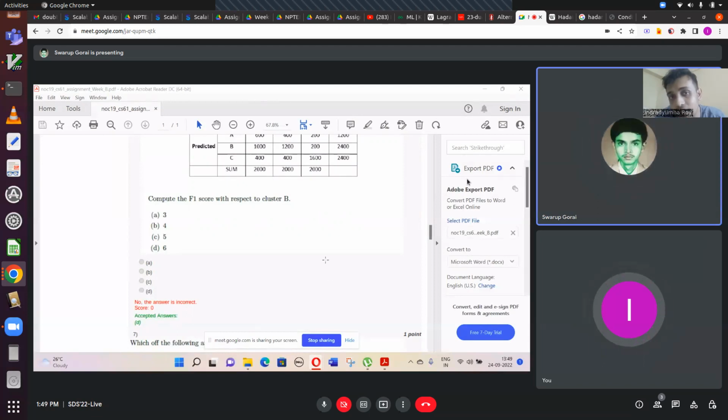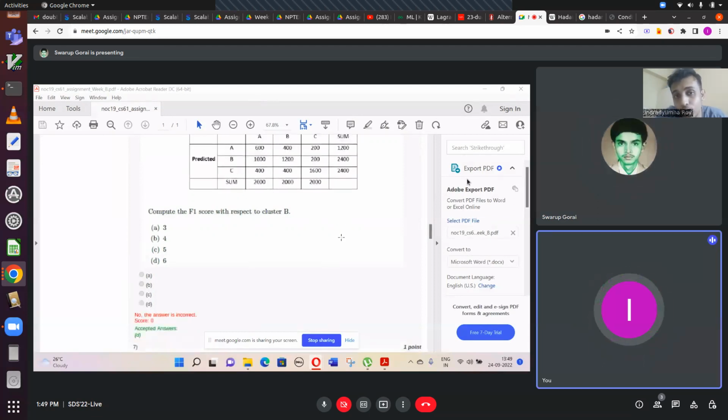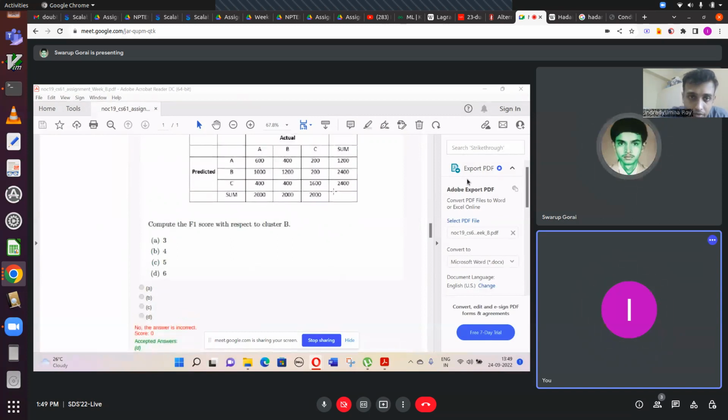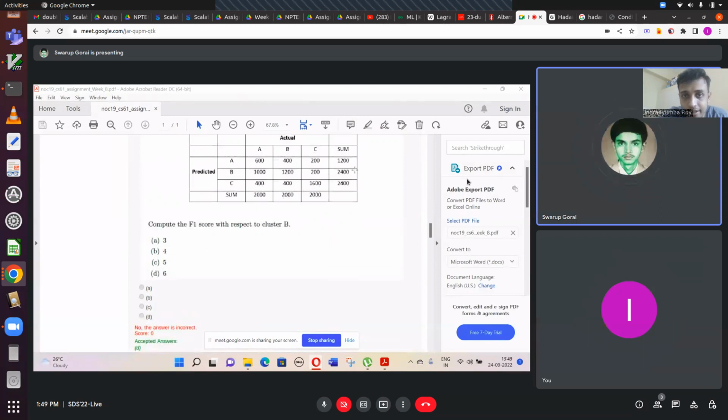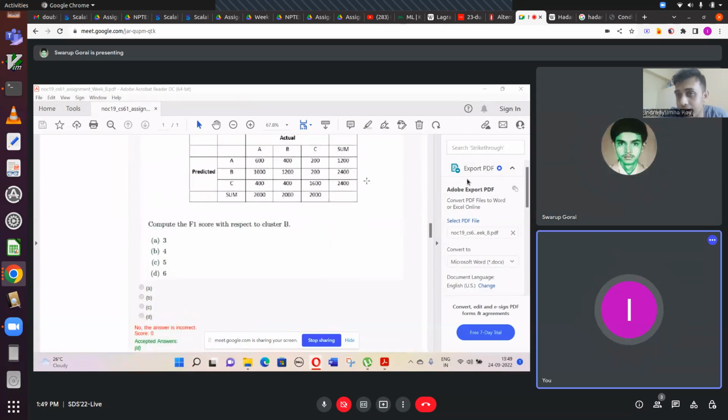So now you look at the prediction row. What does the prediction row of B tell you? 2400. So a total of 2400 items have been classified with B or clustered with B in this case. But amongst them, only 1200 are actually B. The rest are false, right?